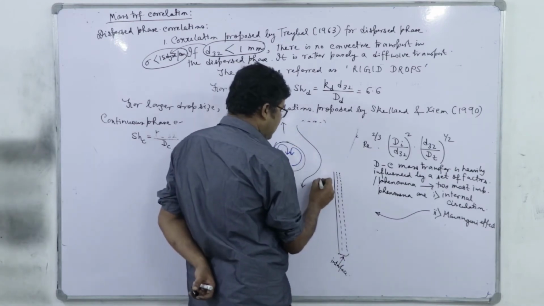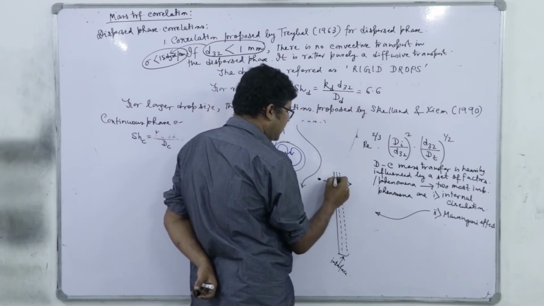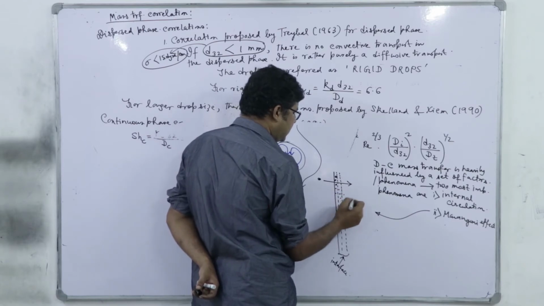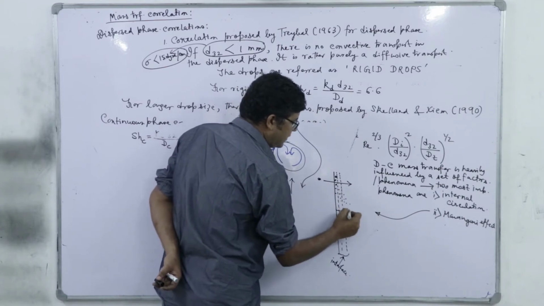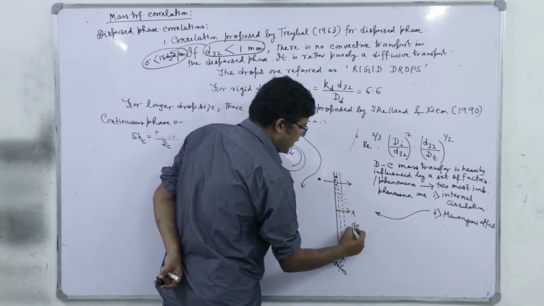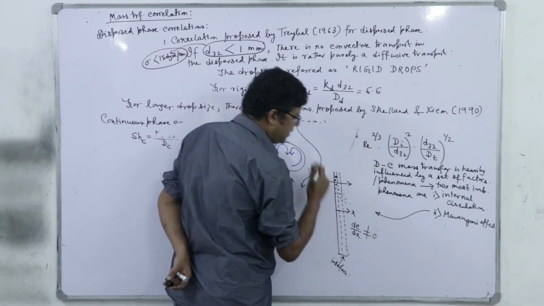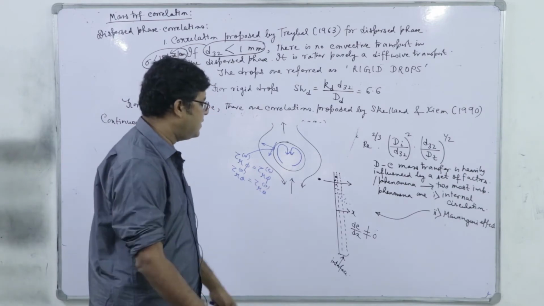Now, a solute is being transported, let us say, from this side to this side. Here we will have a higher concentration of the solute, and the concentration gradually drops. So if this is the x direction, we have dc/dx not equal to 0 across the interface.